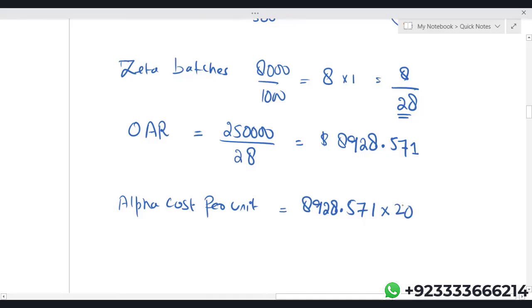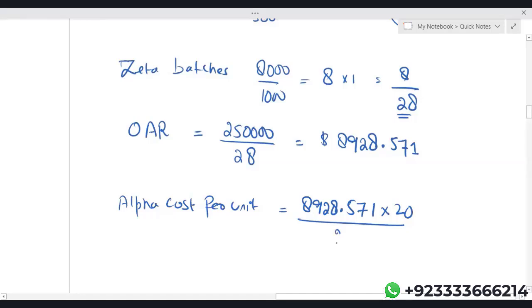Per inspection cost is 8,928.571. In order to manufacture 2,500 units of Alpha, the total number of inspections we will carry out is 20. So by multiplying per inspection cost with the number of inspections required in Alpha, we get the total inspection cost relating to Alpha.